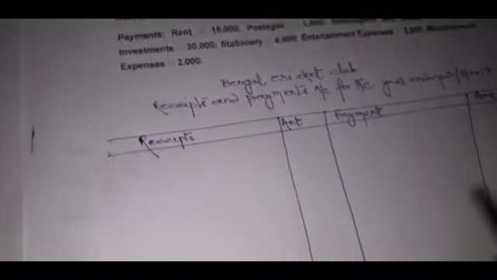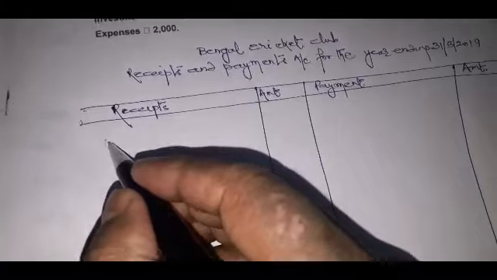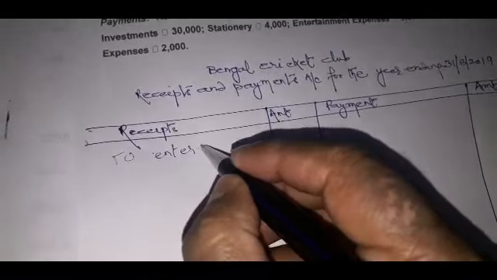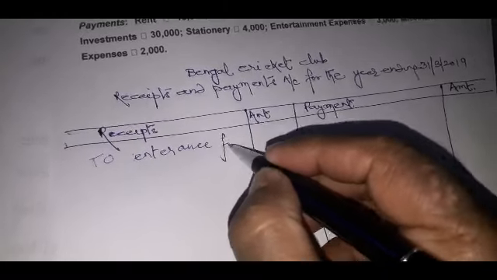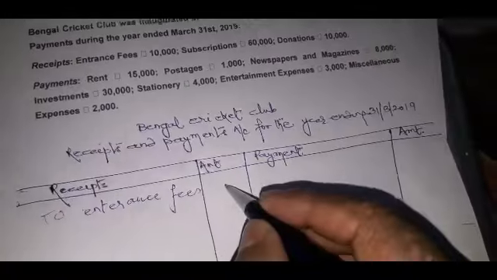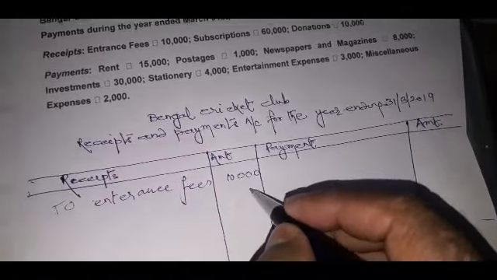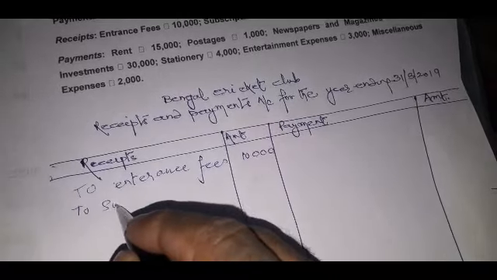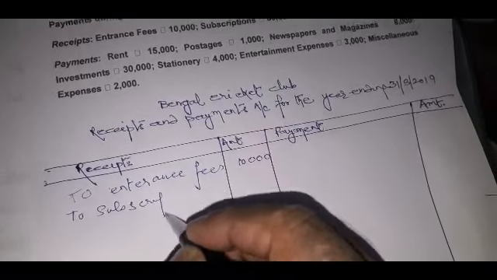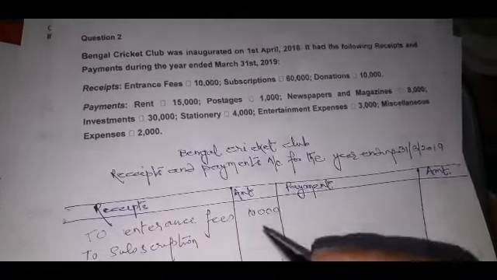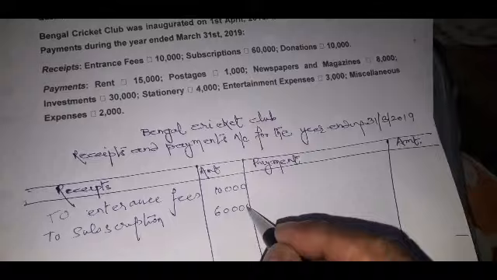First receipt is your entrance fees. So to entrance fees, amount is 10,000 rupees. Next is your subscription, which is also posted on the receipt side. Subscription amount is 60,000 rupees.